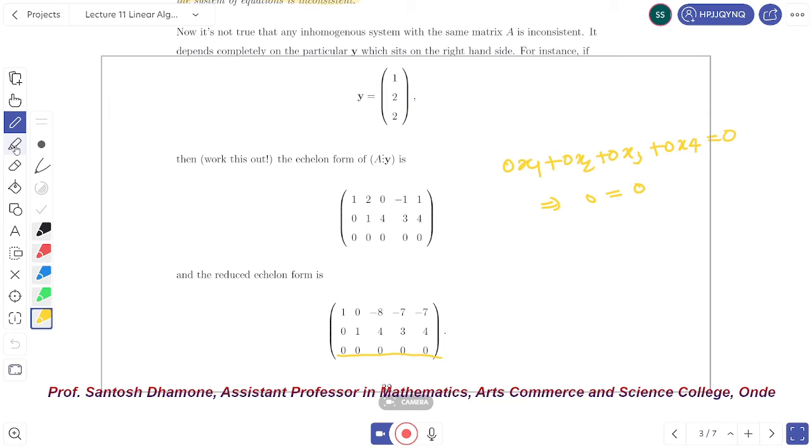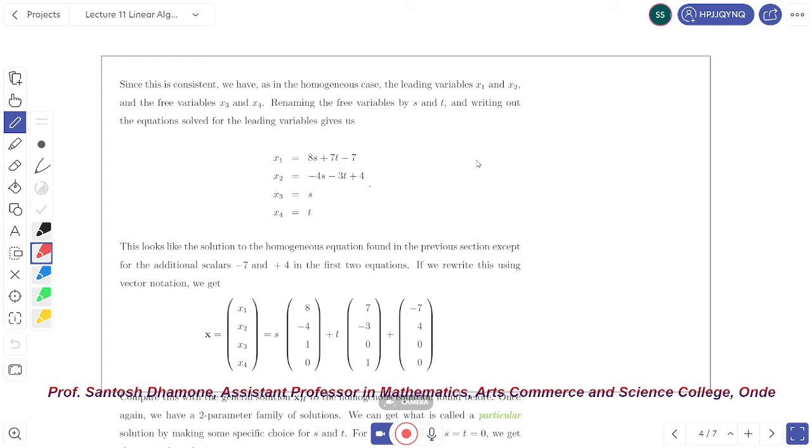In the homogeneous system we get the solution x1 is equal to 8s plus 7t, x2 is equal to minus 4s minus 3t, x3 is equal to s, and x4 is equal to t.